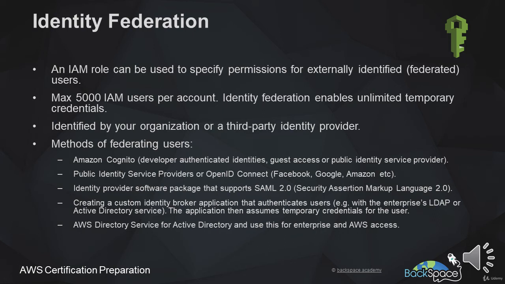You can also use a custom identity broker application that authenticates users, perhaps using the enterprise's LDAP or Microsoft Active Directory service, and then use that custom identity broker application to access the AWS account. There is also the AWS Directory Service for Microsoft Active Directory. You can use that for your enterprise for managing your users, and you will have unlimited users because that will provide federated access on a temporary basis for that user.